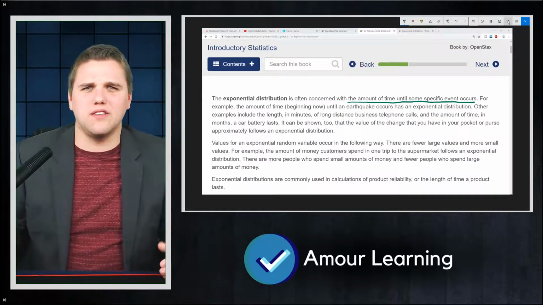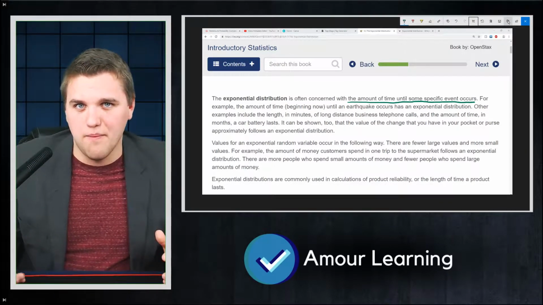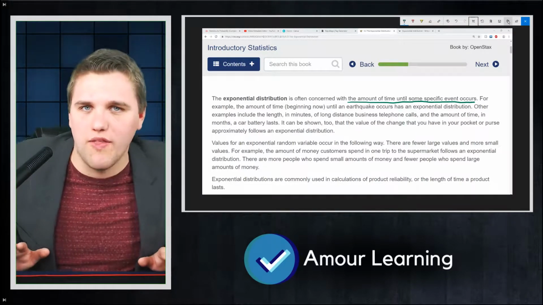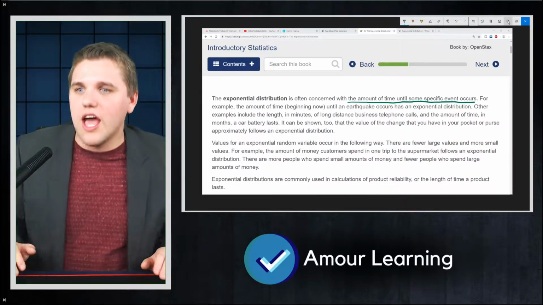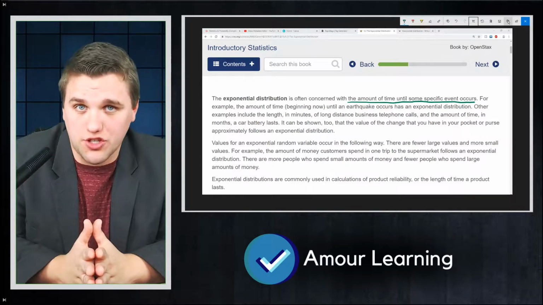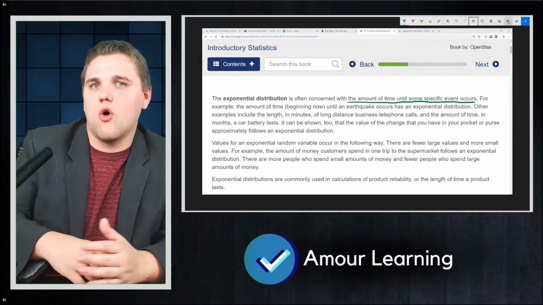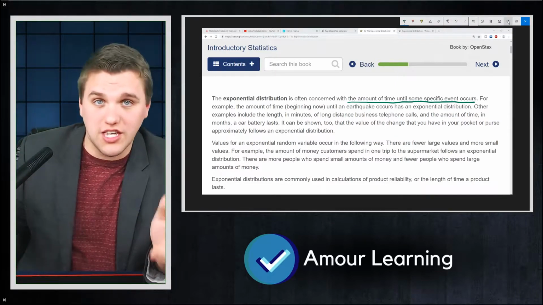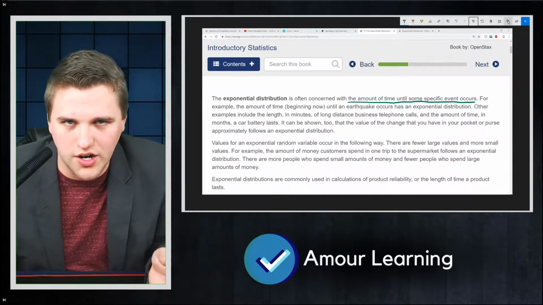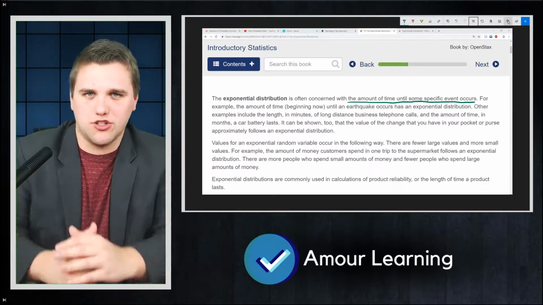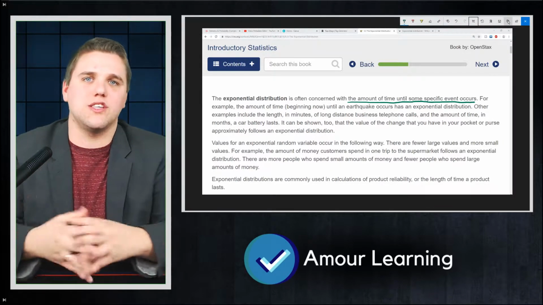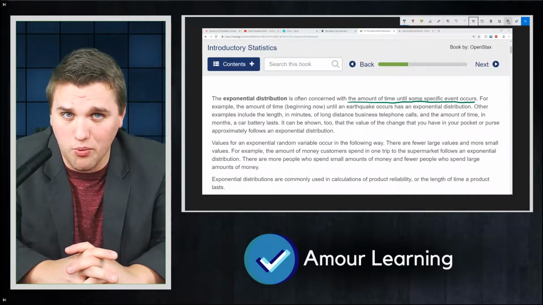Typically, they happen several times a year, but you have no clue of when. What the exponential distribution is concerned with is calculating the probability that it will happen, let's say after 3 months, or within the first 6 months, or within the first year, or within the next 2 years. That's the kind of question the exponential distribution can help with.